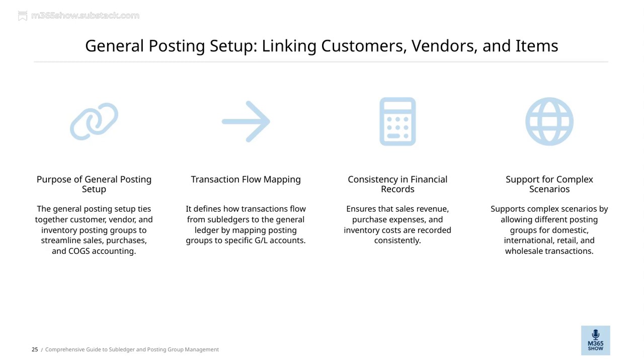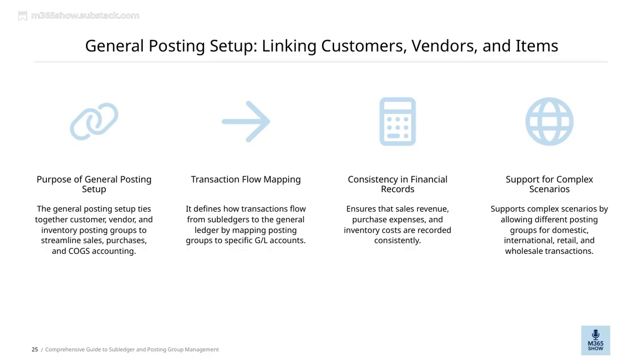Another important aspect is how transactions flow from subledgers to the general ledger. We define this flow through mapping posting groups to specific GL accounts, which helps us automate and streamline our accounting processes. Essentially, this setup acts as a bridge, ensuring that every transaction lands in the right place within the broader financial system.